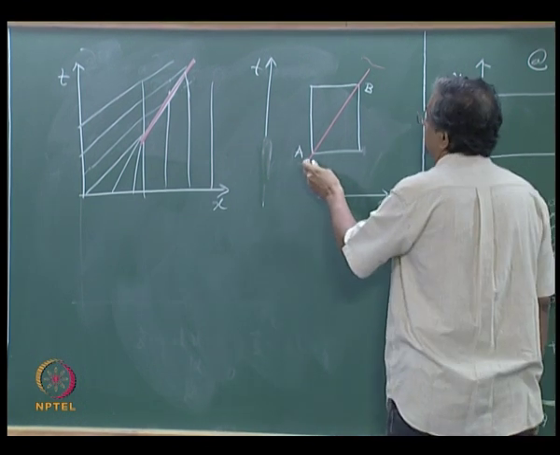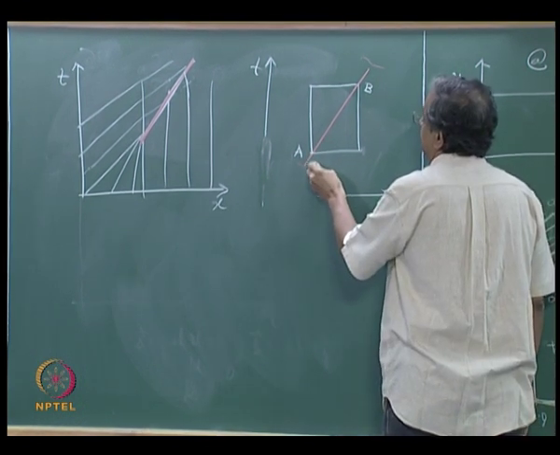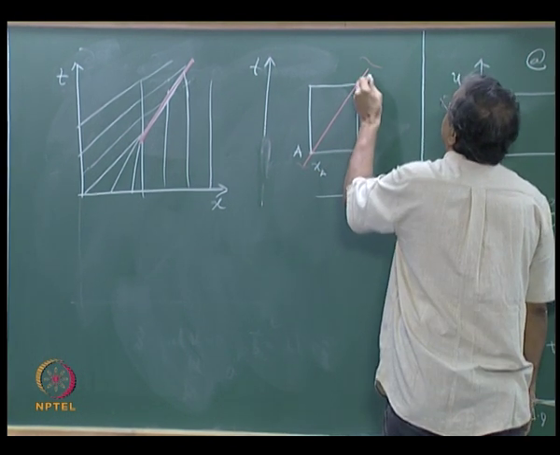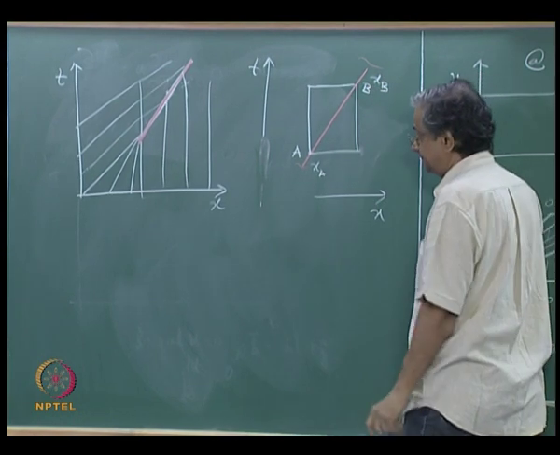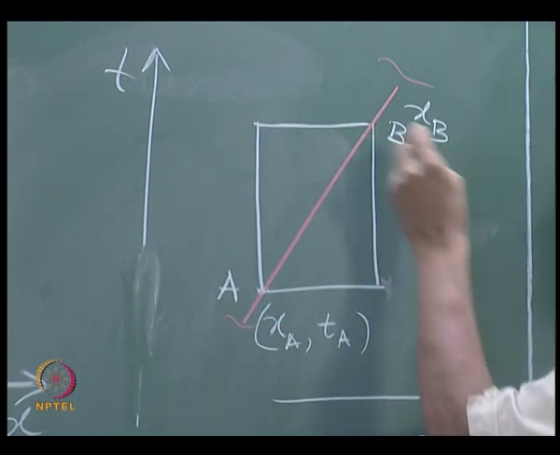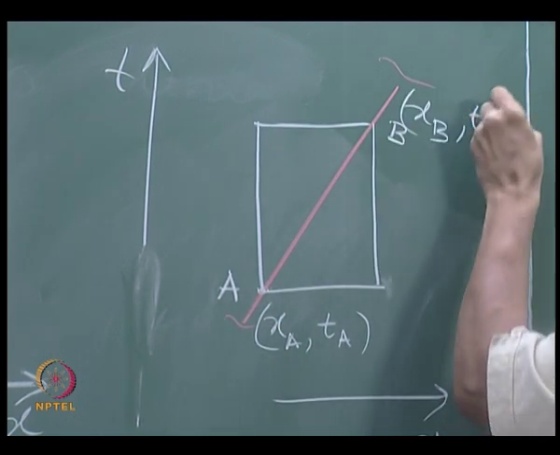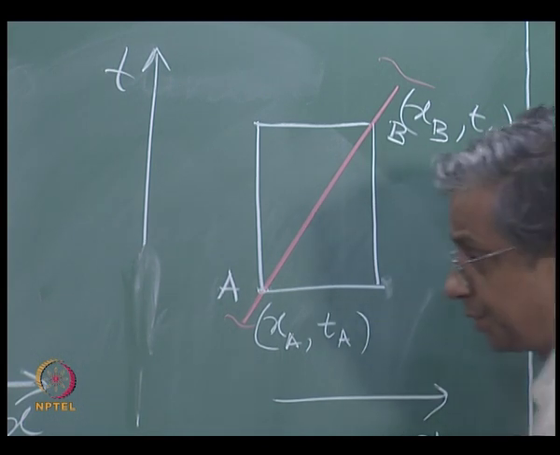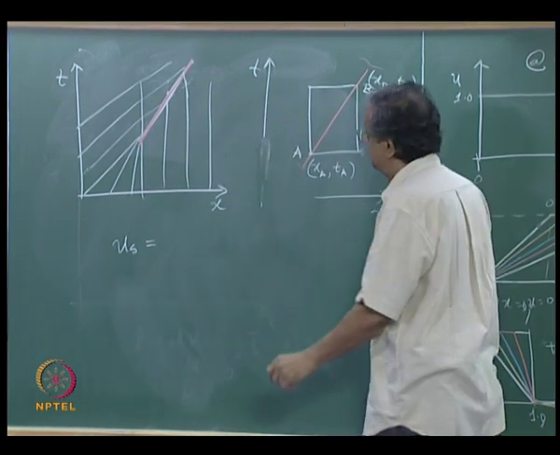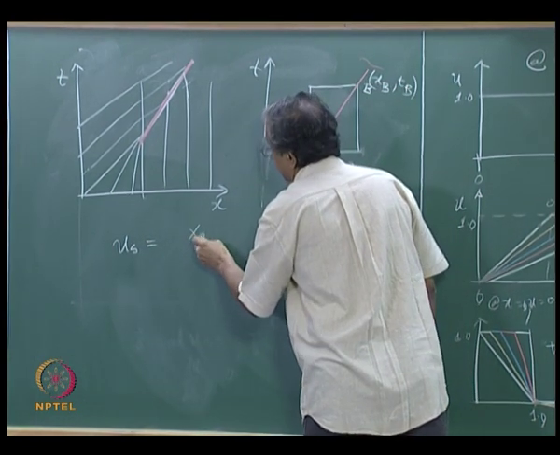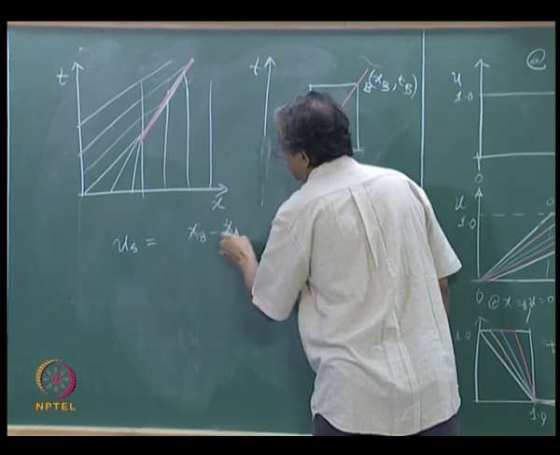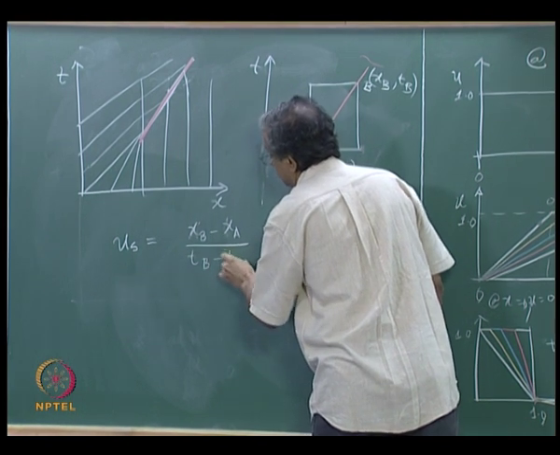For instance, if this point is xa and this point is xb, so this is xa, ta in the xt plane, xb, tb, then we already know that the propagation speed of the shock, u shock, I can write it here, u shock is xb minus xa divided by tb minus ta.